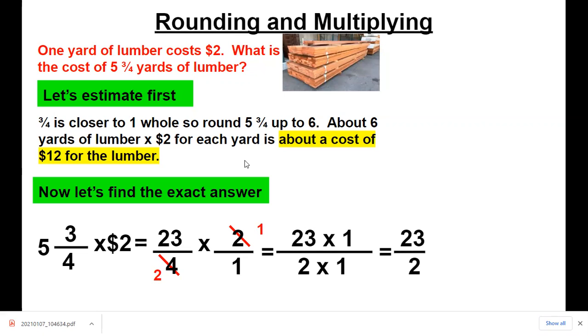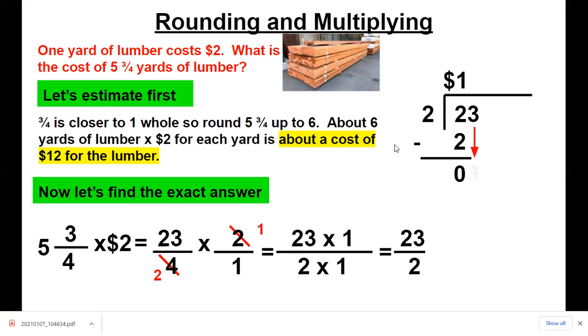Now I have to divide 23 on the inside, 2 on the outside. 2 will go into 2 at least once. So I'm going to put the 1 over the 2. So 1 times 2 is 2. I subtract. 2 minus 2 is 0. Bring down my 3. 2 goes into 3 one time. 2 times 1 is 2. 3 minus 2 is 1.